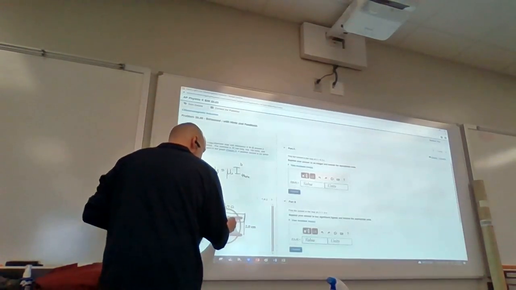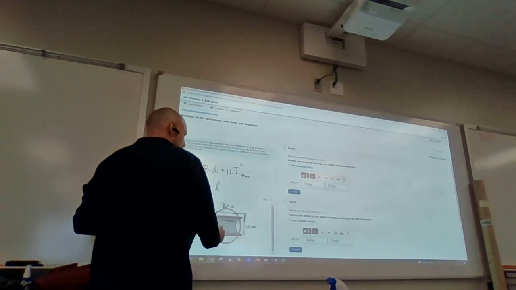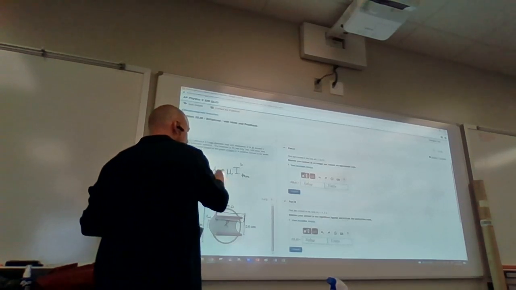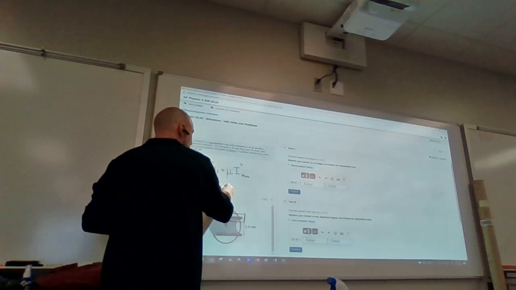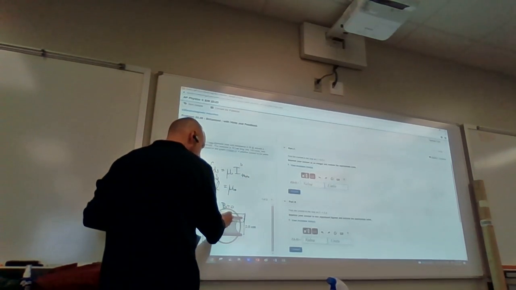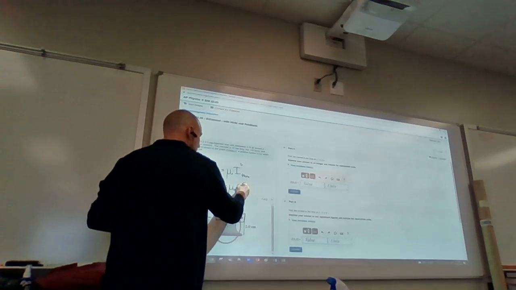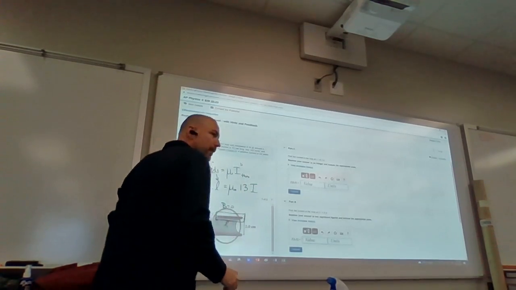So that segment there, the length of that is ds, the integral, that's just straight through. And then the I through is 1, 2, 3, 4, 5, 6, 7, 8, 9, 10, 11, 12, 13. 13 wires times current.